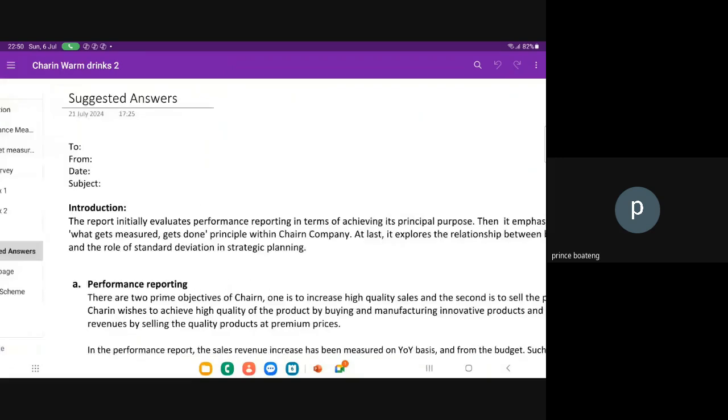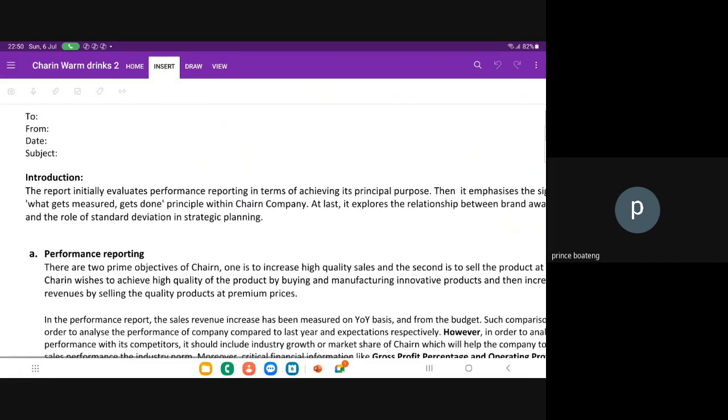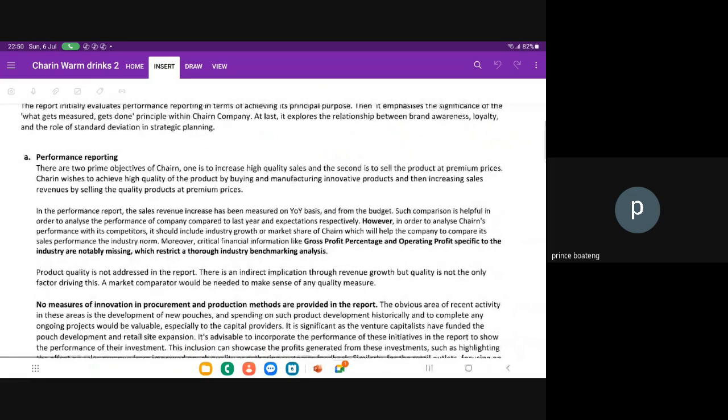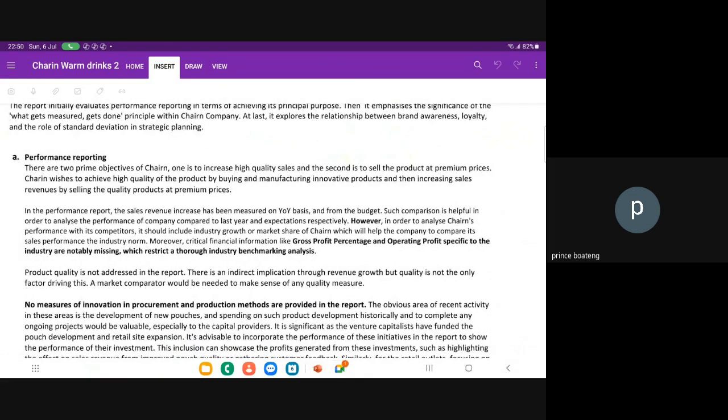Okay, if you go to the suggested answer, now this is important. I will come back to this format later. So for the performance measurement report, I will share this with you. This part is important and generally students miss it. When we start the report, we generally copy and paste, not exactly copy paste, but we try to tell the reader what are the major objectives of the company.